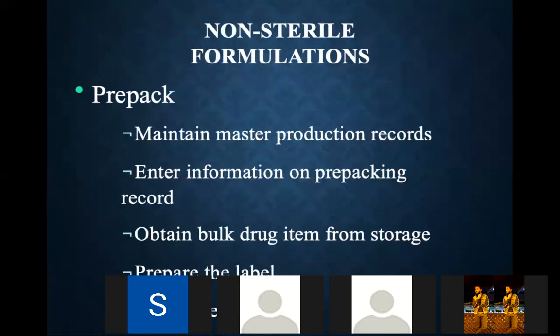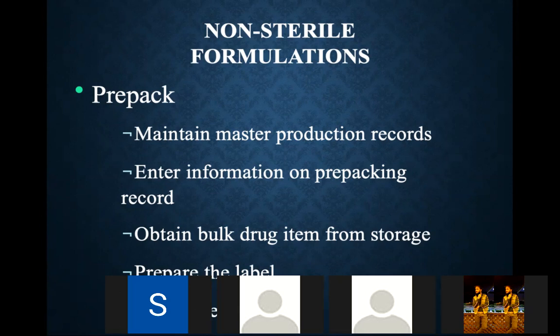The previous one was for sterile products. Now for non-sterile formulations, pre-packs. Sometimes you have to use pre-packs. You maintain master production records, enter information on the pre-packing record, and get bulk drug items from storage. So before manufacturing, you have to collect all these drugs in what is known as the dispensing area.